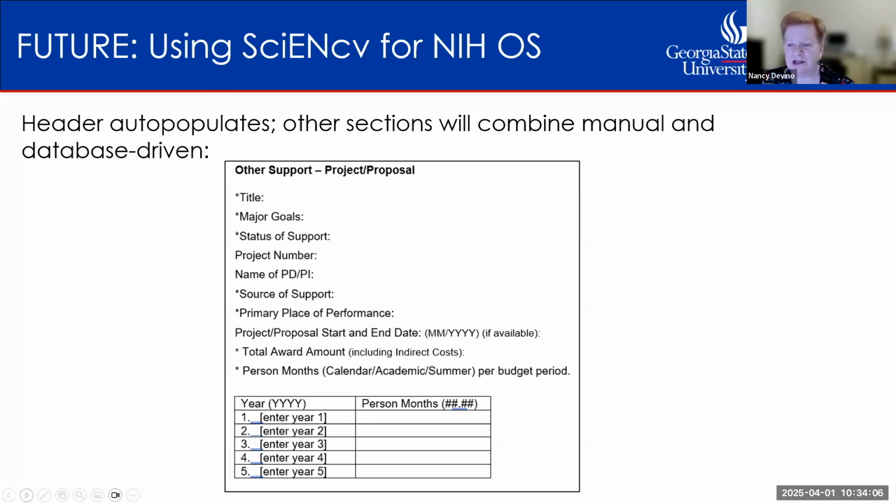The other sections are going to combine some manual and database driven work, unless it's a save as from a prior version. Some of the things like the title and the major goals may pull in. The effort and those person months is going to be manual.